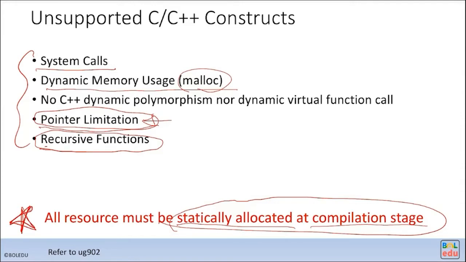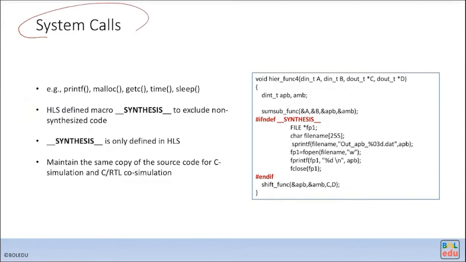Let's look at system calls. System calls are quite important in developing our applications. For example, we dump some intermediate results to a file for debugging or diagnosis. It's very handy to use system calls, for example, time, when we want to measure the runtime.